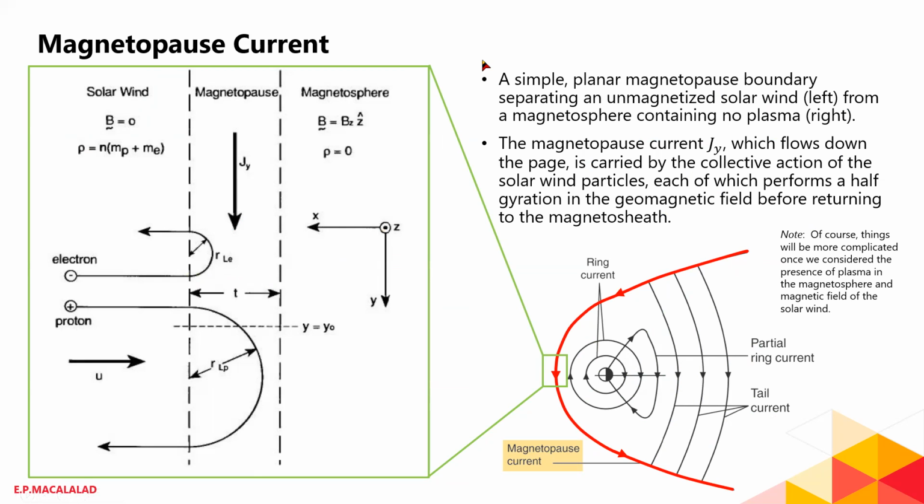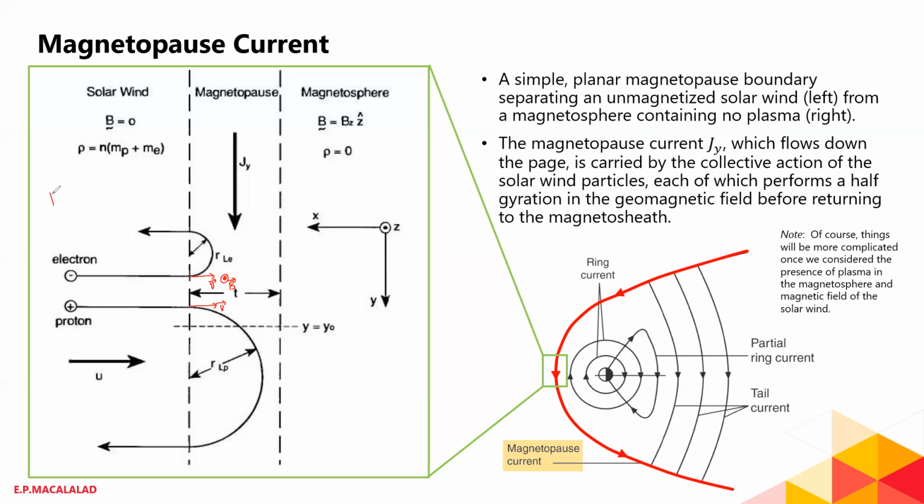Remember your circular motion for particles. That's why we started there, right? So here we have the magnetic field pointing toward you, and the speed of the proton is pointing in this direction.